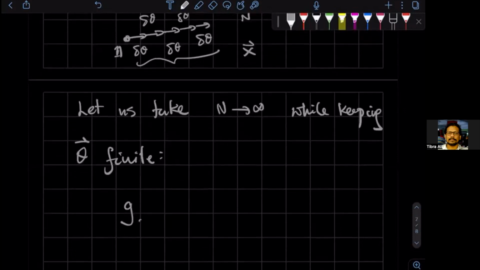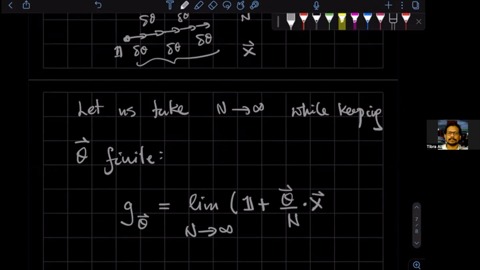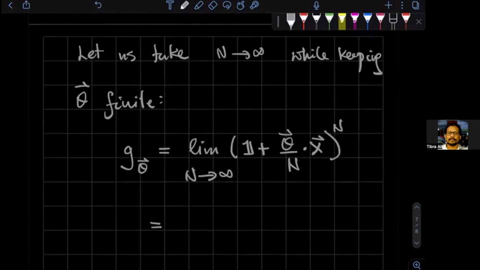So then we get an element which we call g of theta, and this is the limit of the n integer going to infinity, and it's 1 plus theta divided by n dot x to the power n. So can someone tell me what this is? Exponentiated to theta. So this is the definition of the exponential. All right.